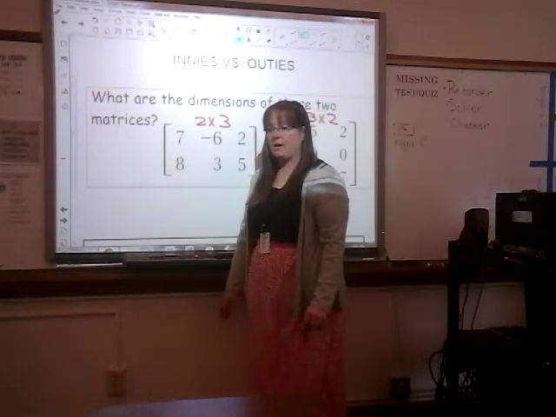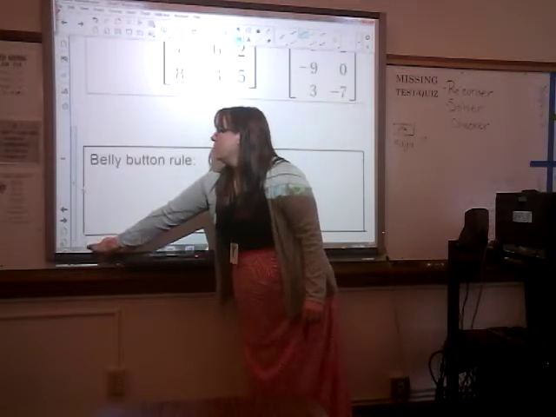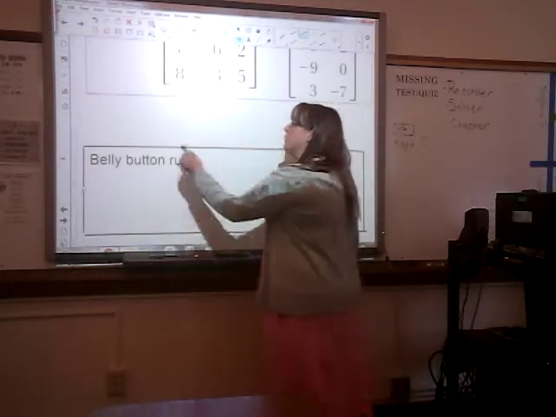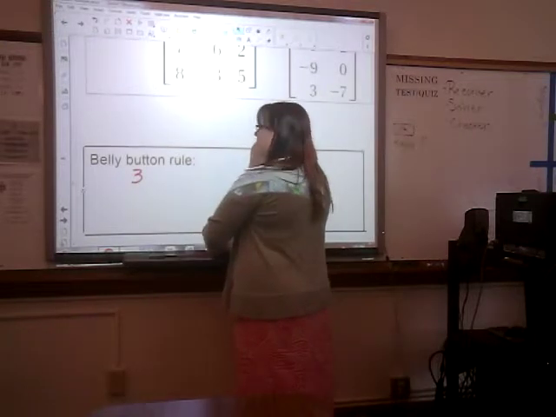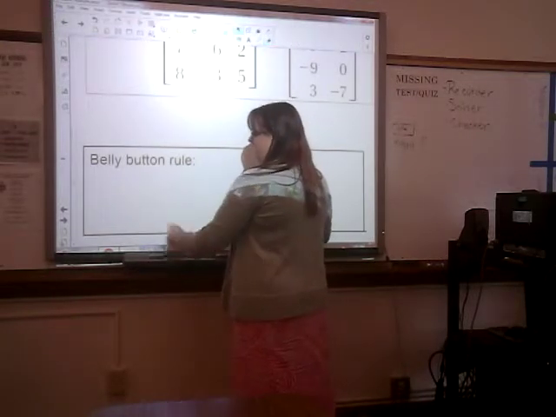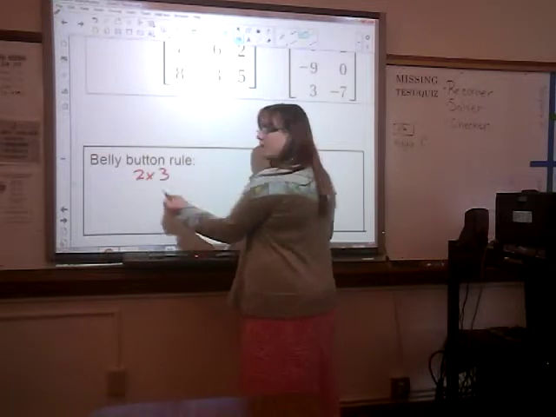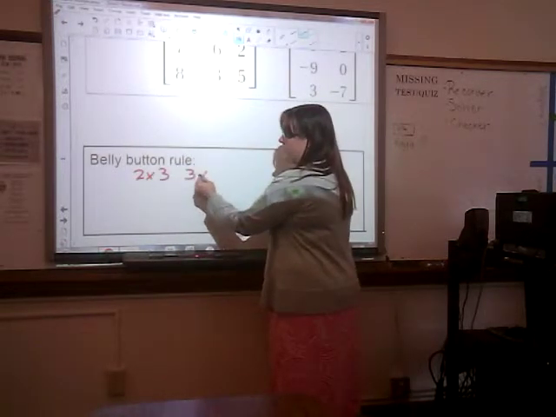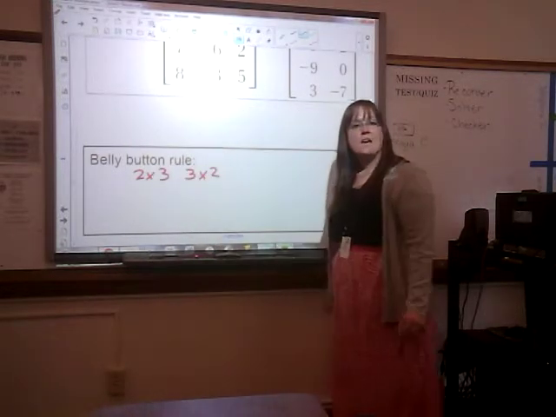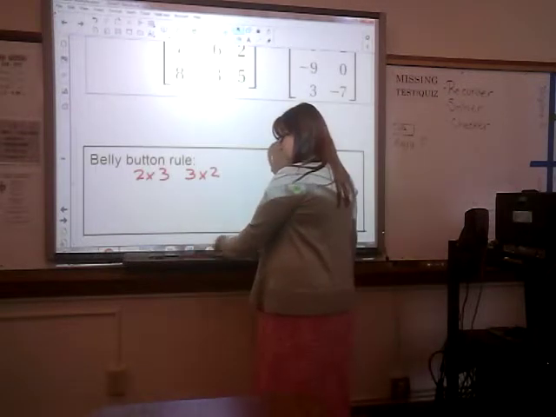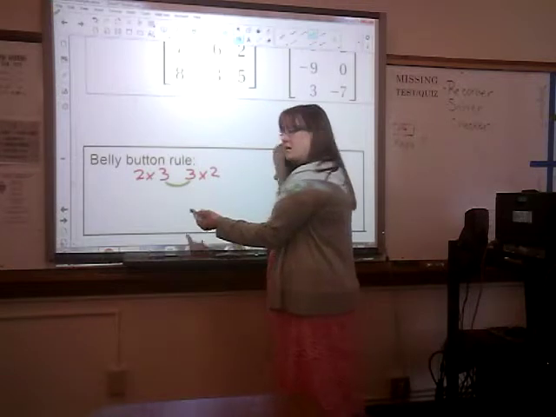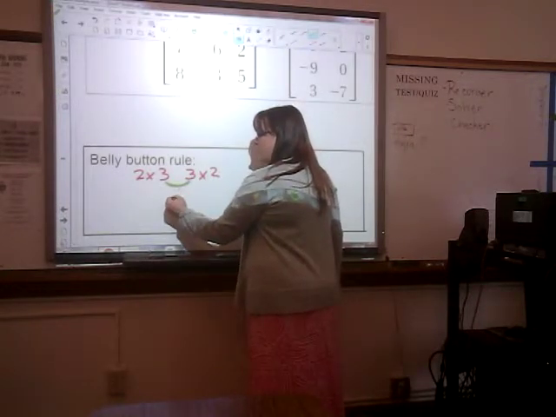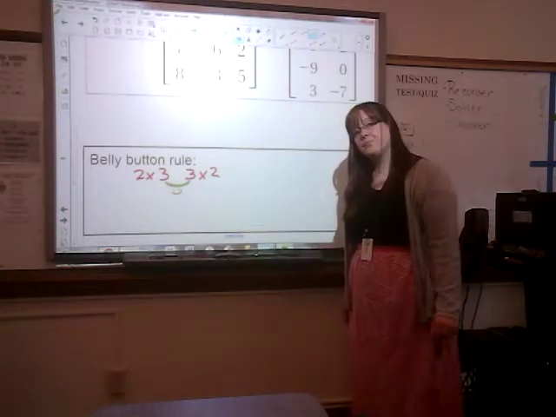Now when we check the belly button rule, what we do is we put those together. We say that one was a 2 by 3, and the other one was a 3 by 2. And then we check the innies, these inner numbers, these are our innies, and if they match, then we can multiply them.